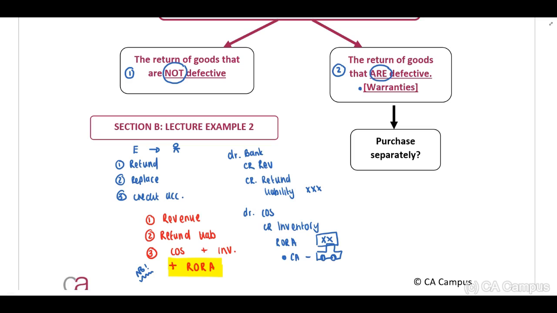You will remember that you will have to reassess at the end of each reporting period what is your refund liability amount, and guys, the same with your right of return asset. At the end of each reporting period, you need to update the amount to ensure that this is the most recent values.